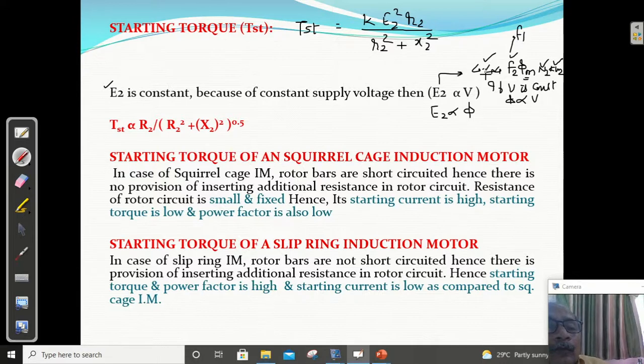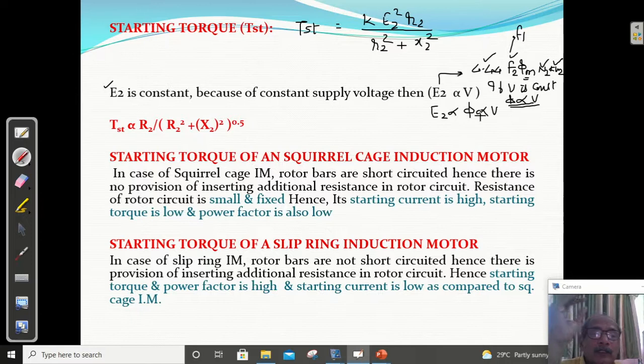So 4.44 is constant, F1 is constant, N2 is constant, Kw is constant. So we can say E2, that is the EMF induced in the rotor at start, is proportional to flux, and flux is proportional to the voltage.